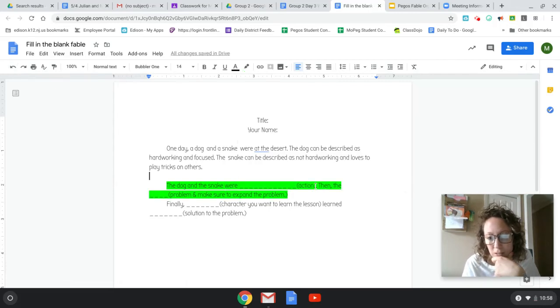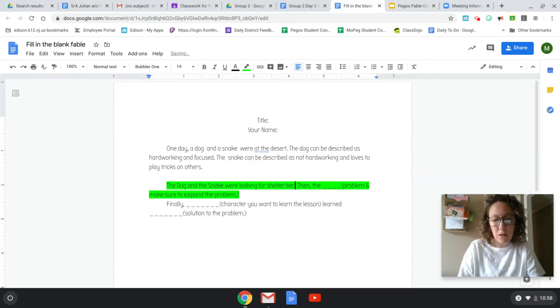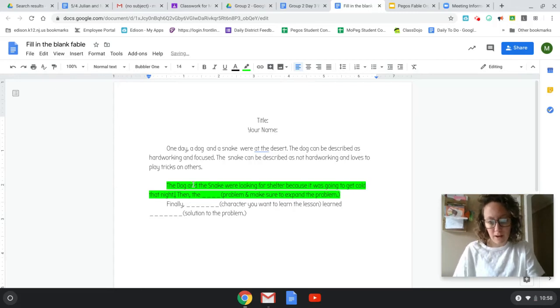So here's my action. My action is dog and snake, and these should be capitalized, right? Because that's the name of my character. Snake, and my action is that they're looking for a shelter. Looking for somewhere to stay, right? Why were they looking for shelter? Are you looking for shelter because it was going to get cold that night? All right. Now I need to introduce my problem and make sure to span the problem.